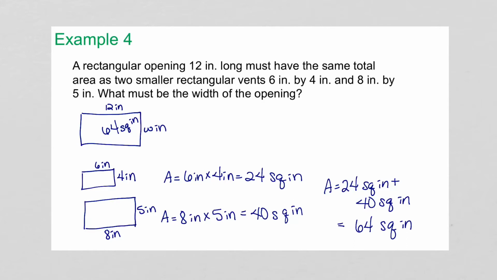And so now we can use this information to find W, because we've got area equals length times width. Or let's see, we're using capital letters, aren't we? So the area is 64. The length was 12.